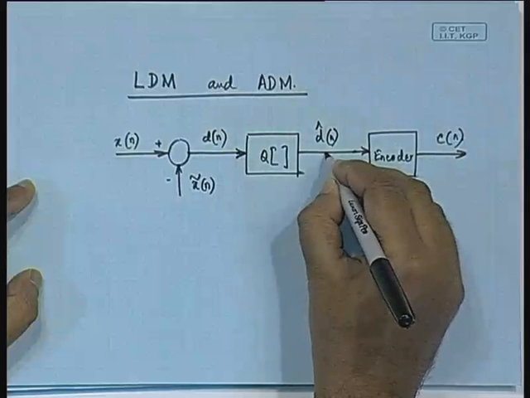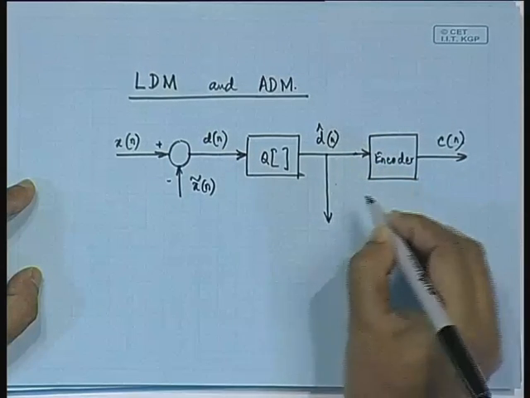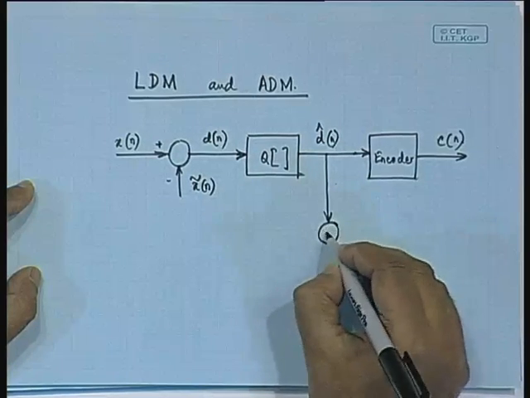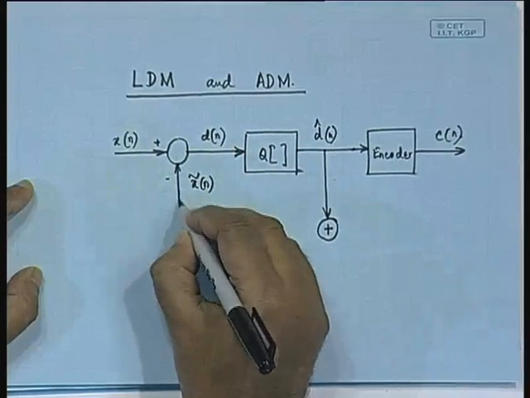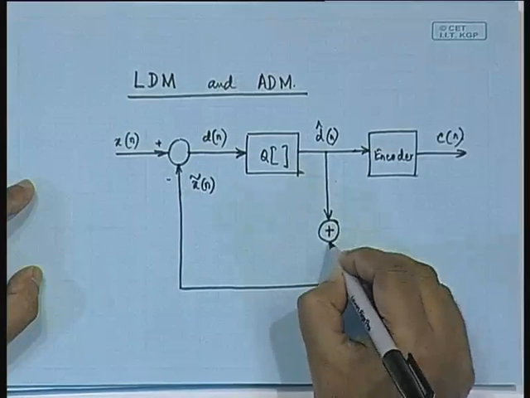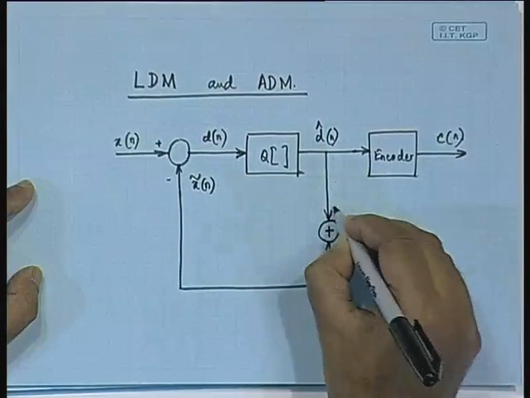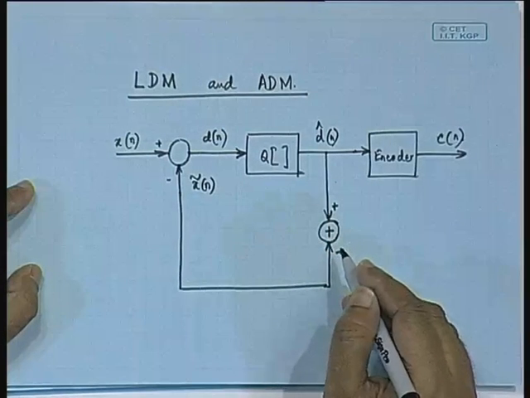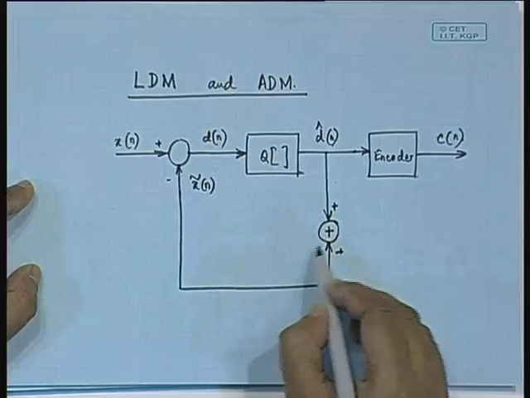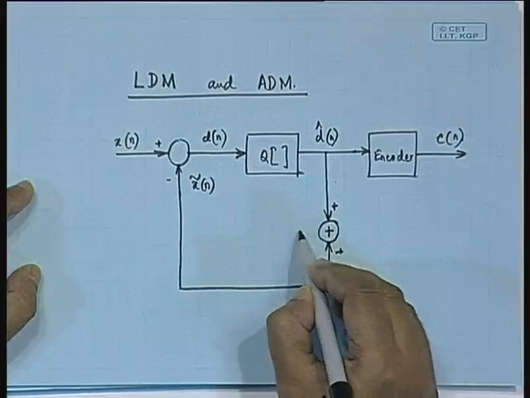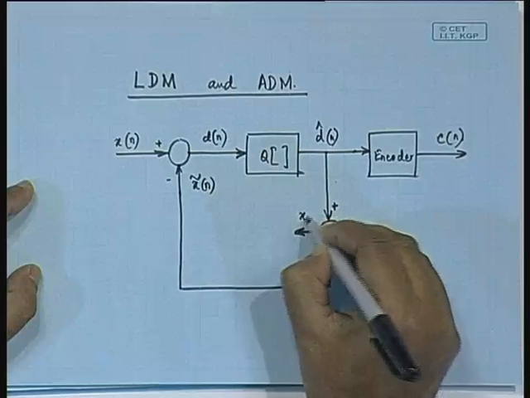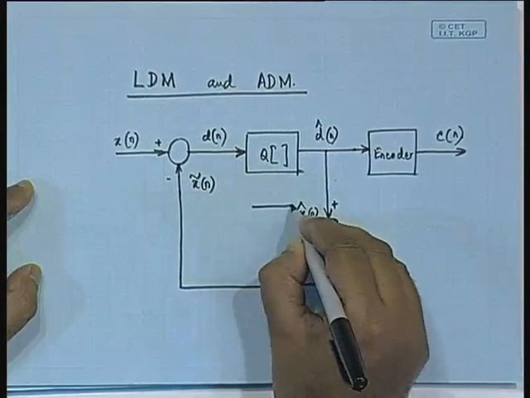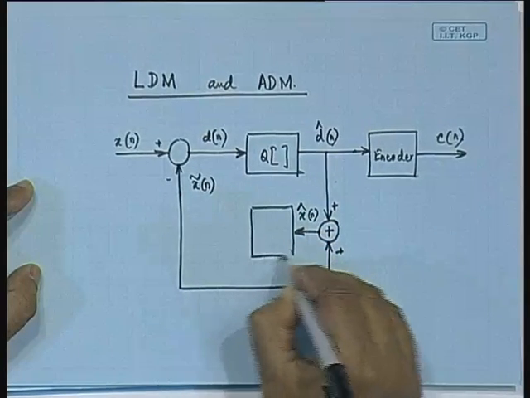Okay. This is nothing new for us, we know what is going to happen after this. So, we are going to have yet another summer block, but this time this d cap of n should be added to x tilde of n. Okay. And in the process what we are going to get is the x cap of n, right. It is this x cap of n which will be put through a predictor block.